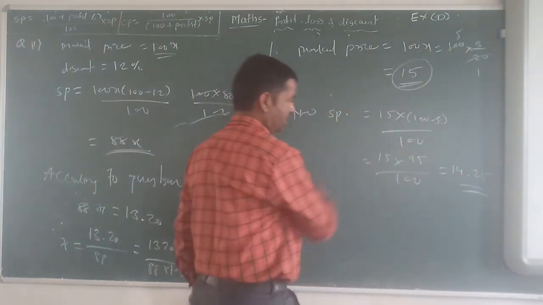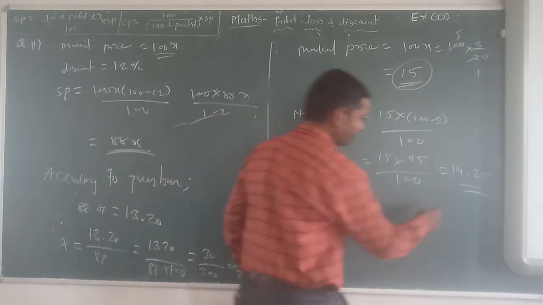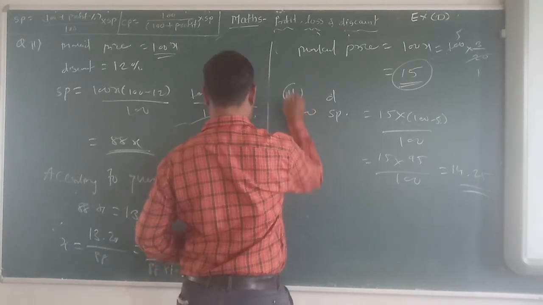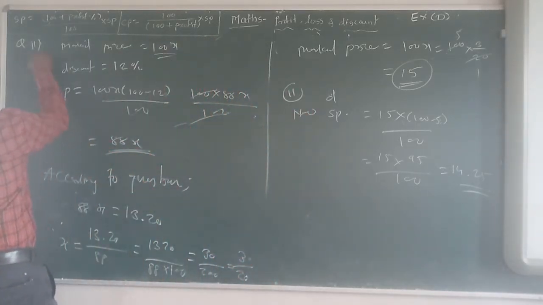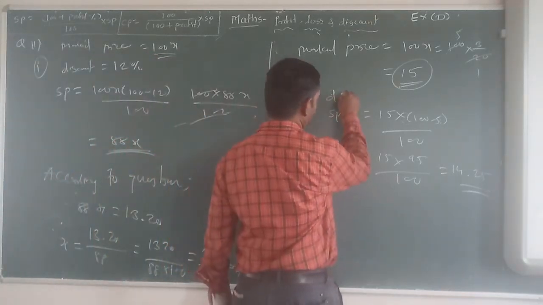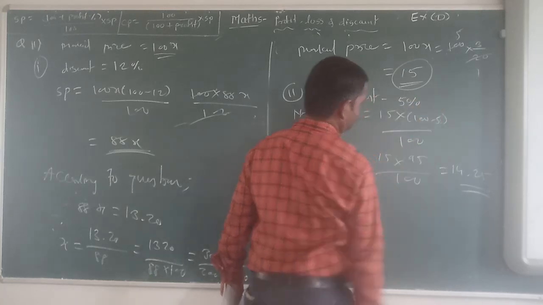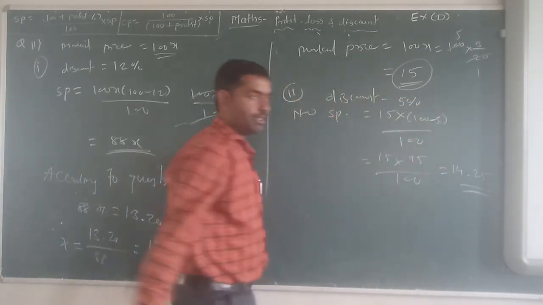You can do this calculation anywhere. This is the second case, and the first case was the 12% discount. In the second case the discount is 5%, so that's why it is 100 minus 5.